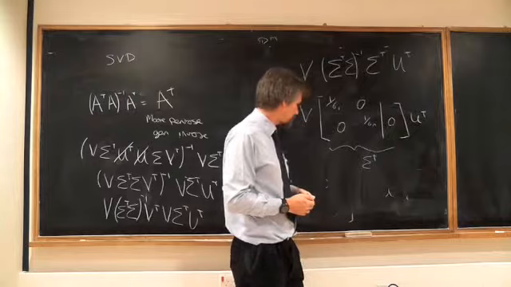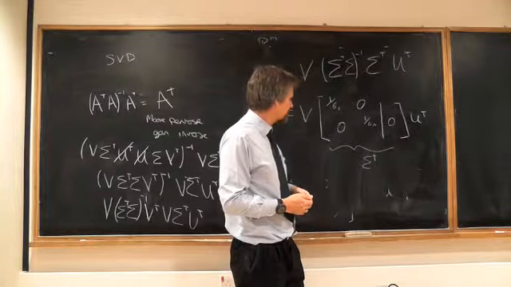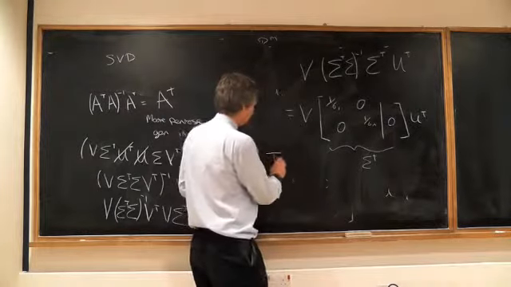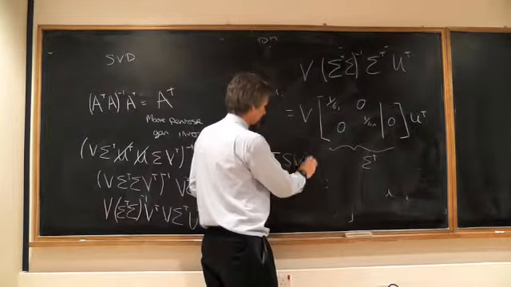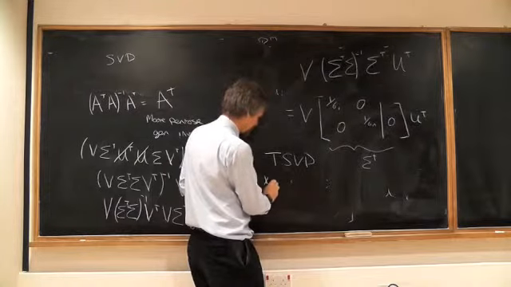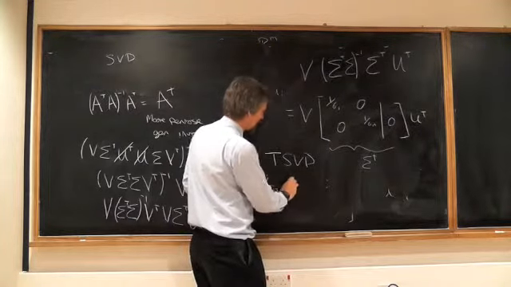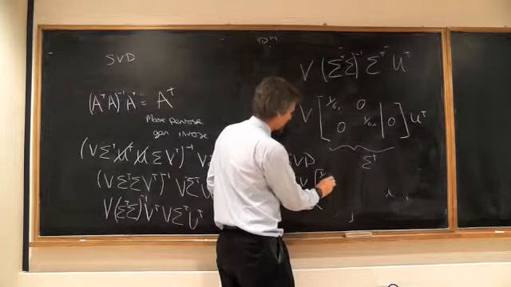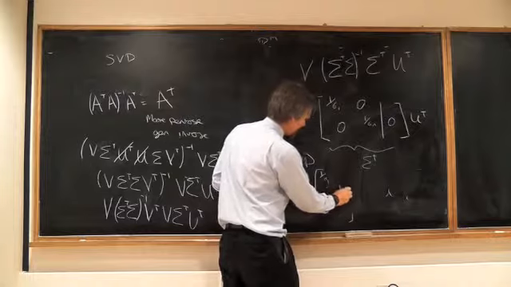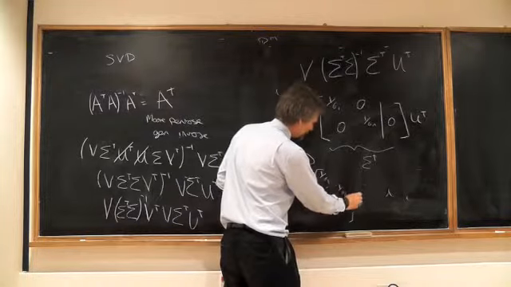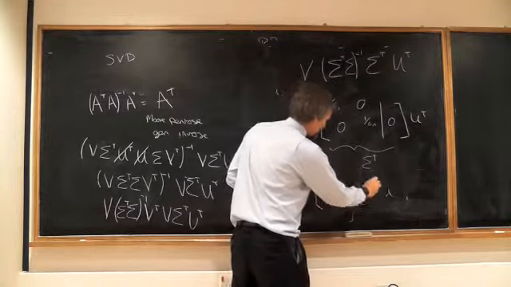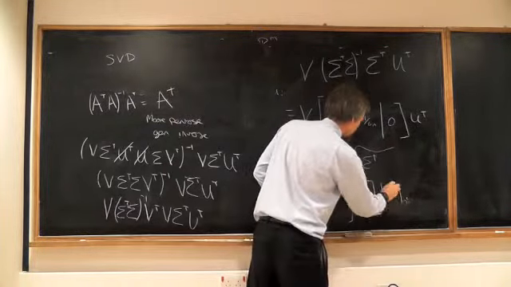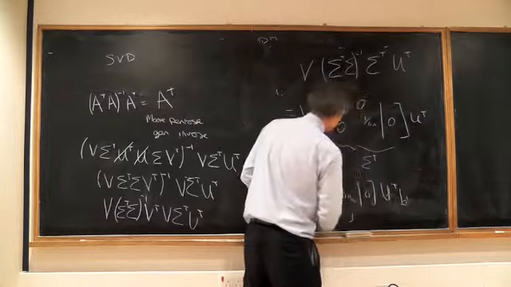The easy way to do this, the truncated SVD solution, x TSVD, is just V, and you get 1 over sigma 1 down to 1 over sigma k, and then you put some zeros, and then a block of zeros, U transpose, transpose not dagger, b.